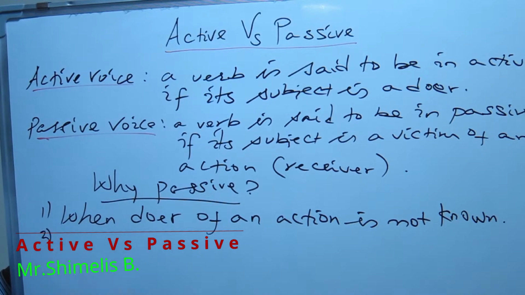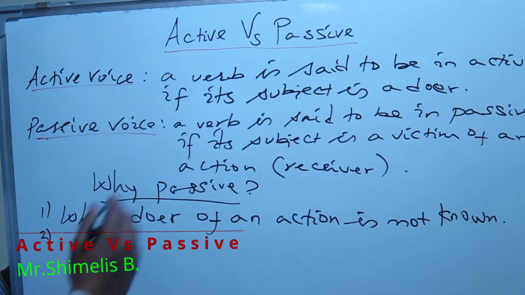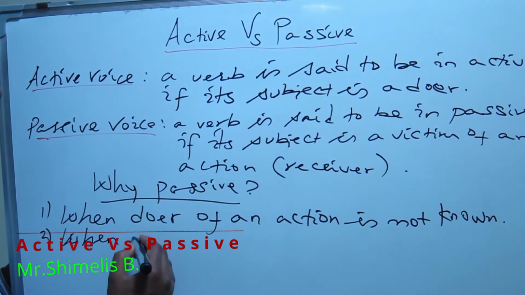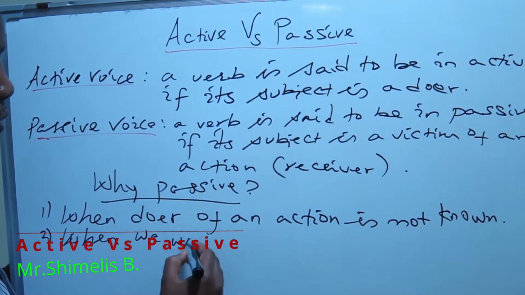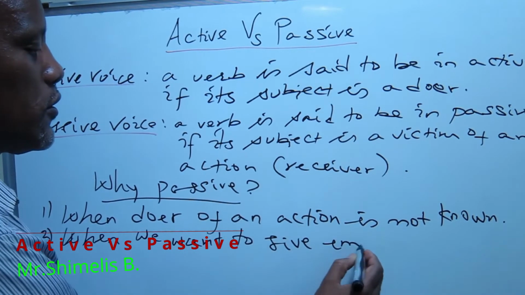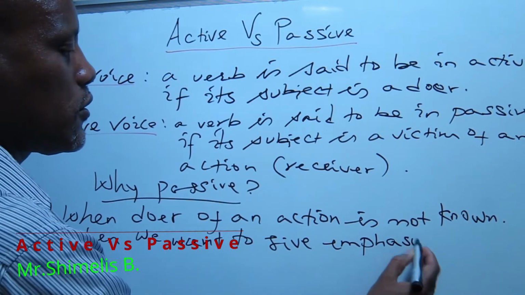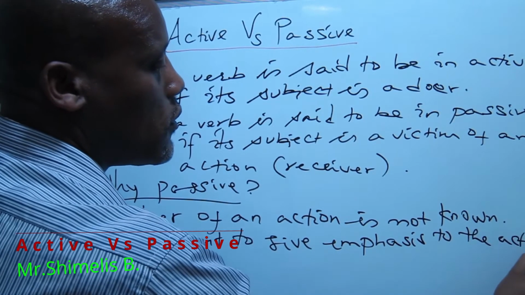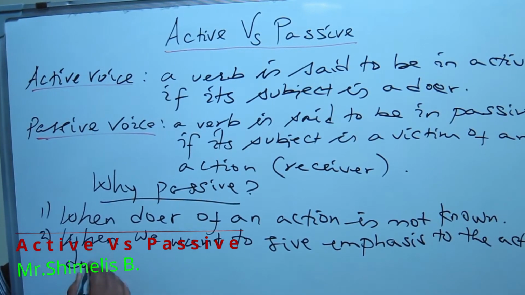And the second case that compels us to use only the passive form over active is when we want to give emphasis to the action done rather than the doer of the action.